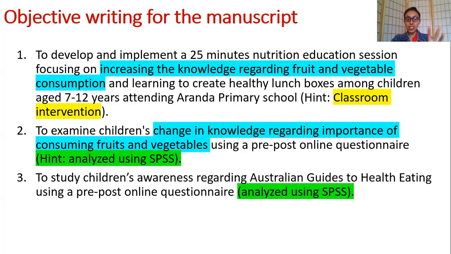That's why you have these objectives. And trust me, guys, once I teach you how to do the analysis in SPSS, objectives 2 and 3 will make much more sense to you, just like how you can identify yourself with objective 1 because you have done your presentation.